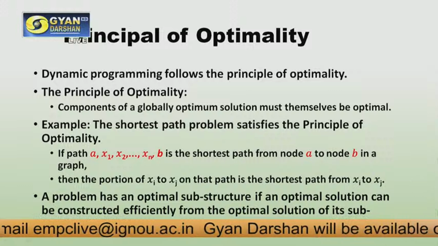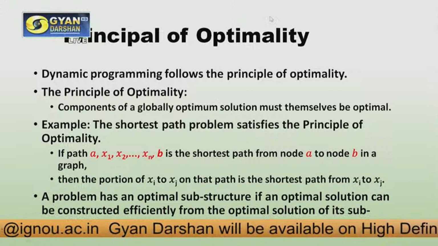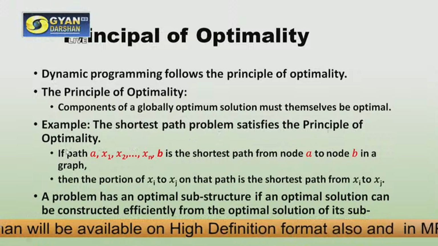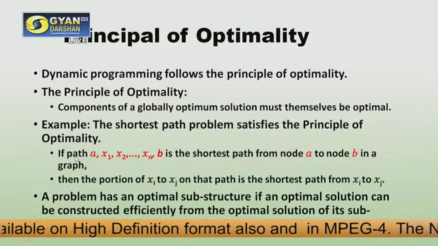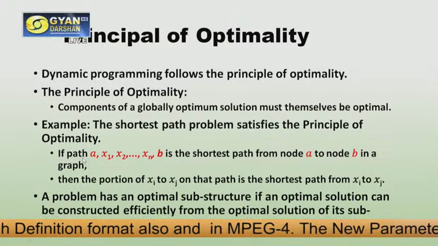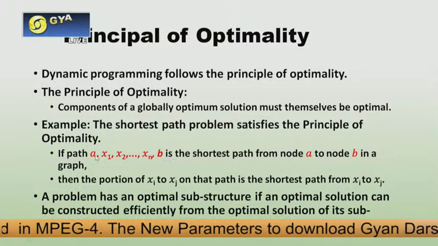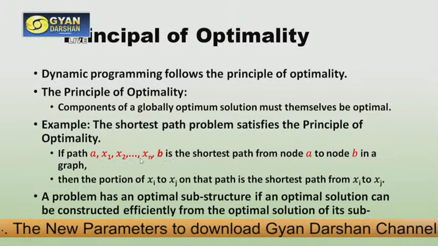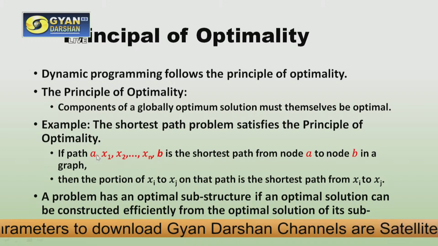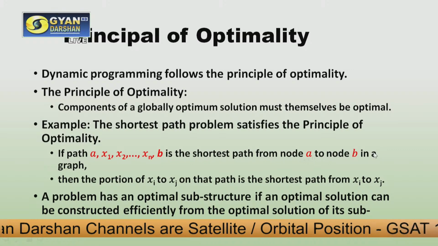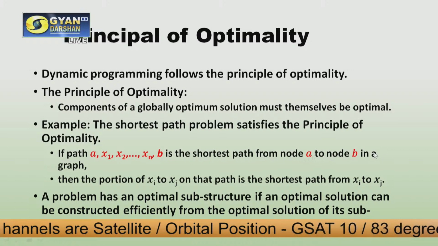And the example we have selected for the time being is the shortest path problem that satisfies the principle of optimality. Now, consider an example where there is a path from A to B and the optimal path passes through x1, x2 till xn till B. Suppose this is the shortest path from node A to node B in a graph.